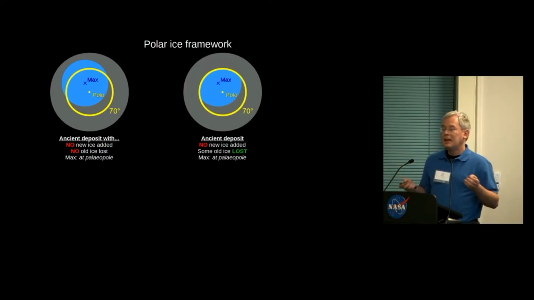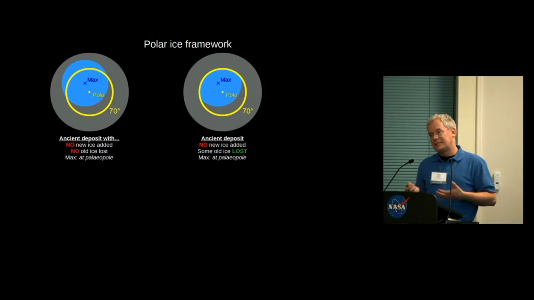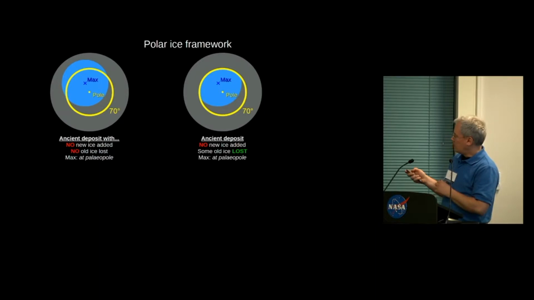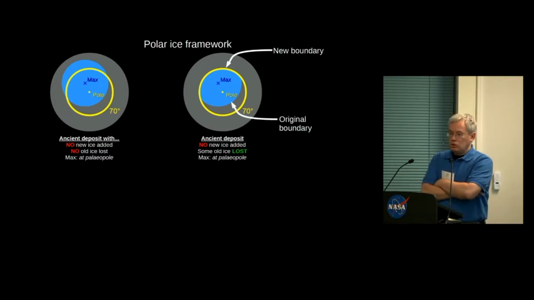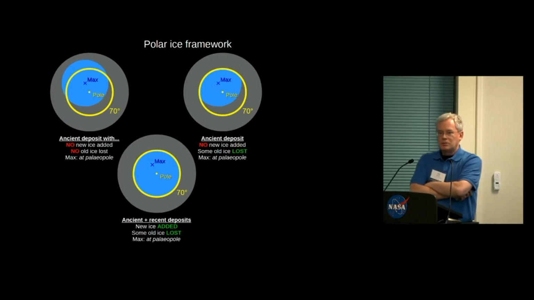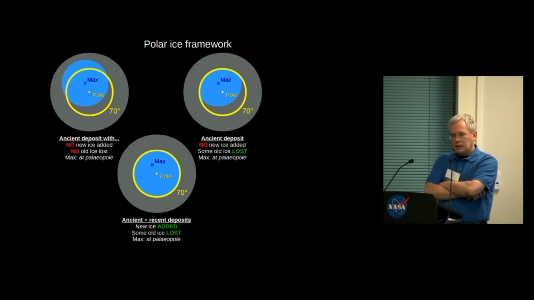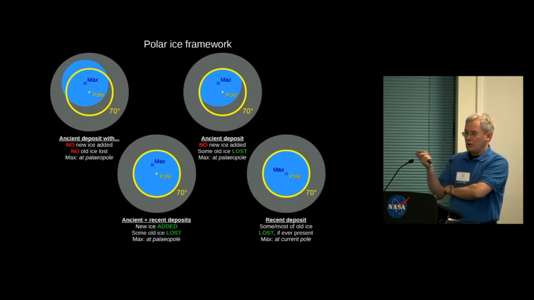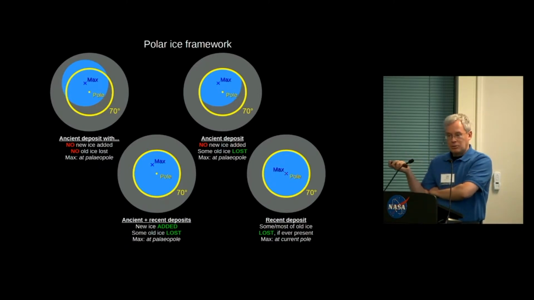Now, if the pole shifts and then all of the old ice that is now suddenly equatorward of 70 degrees gets too warm and is lost, you're going to have this odd football-shaped ice cap with one boundary being the new boundary, one boundary being the old boundary. Now, if further we start to deposit modern ice on top of that, you'll get now a nice round ice cap, but with the maximum perhaps still offset from where the modern pole is. But then if you deposit a whole bunch of modern ice, or maybe the old ice cap goes away, you end up with a perfectly symmetrical ice cap like you would expect.